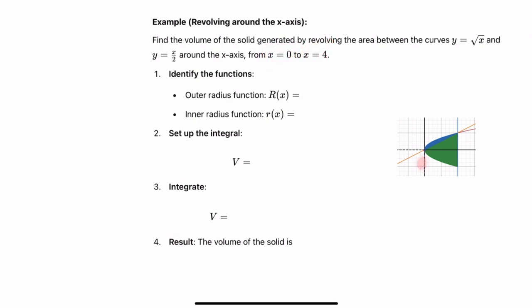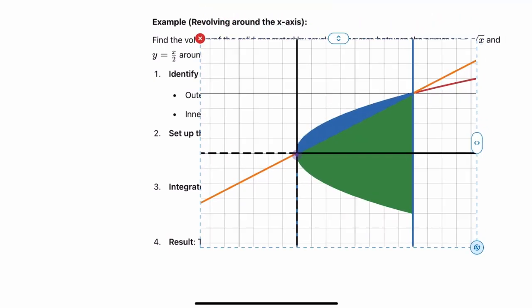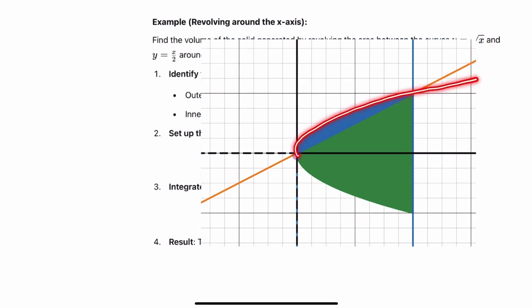So let me make this bigger so you can see what we are talking about. This is our exercise. f of x is the square root of x, and g of x is x divided by 2.